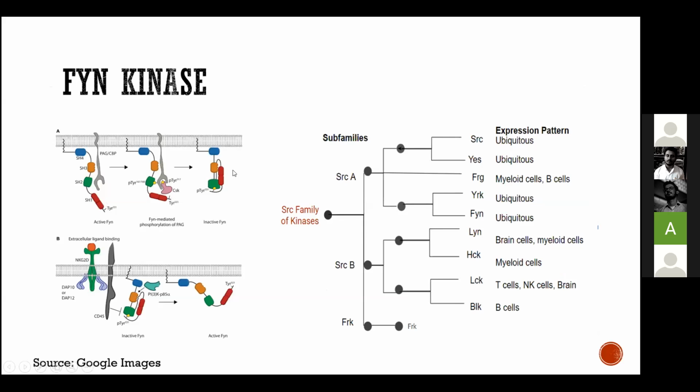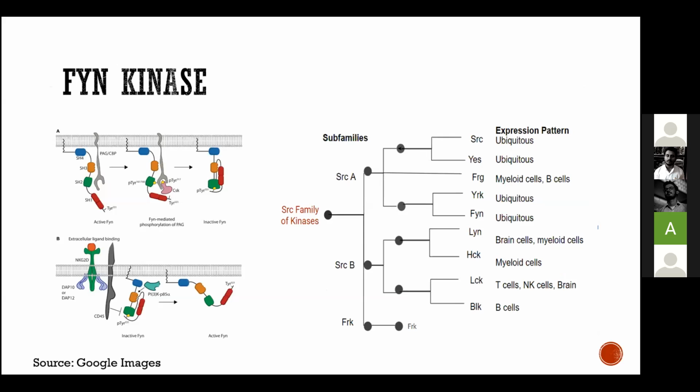So I shall start with the brief introduction of what Fyn Kinase is. As you can see, it's a kind of tyrosine kinase which is embedded in the lipid membrane.